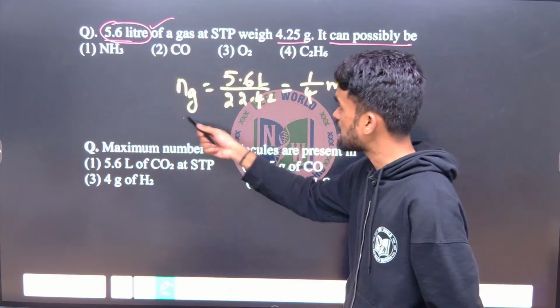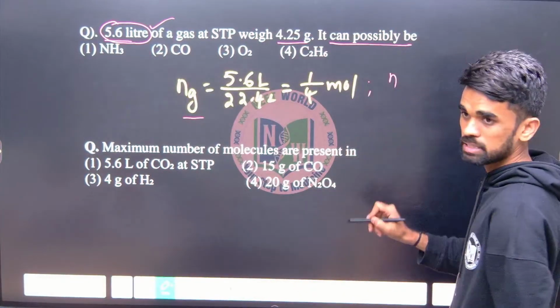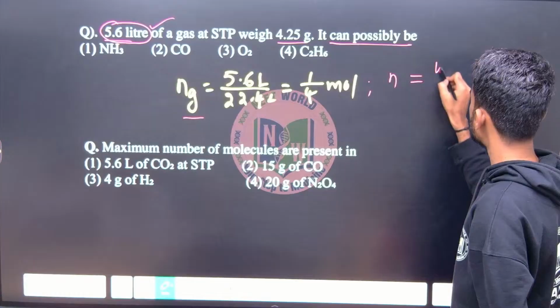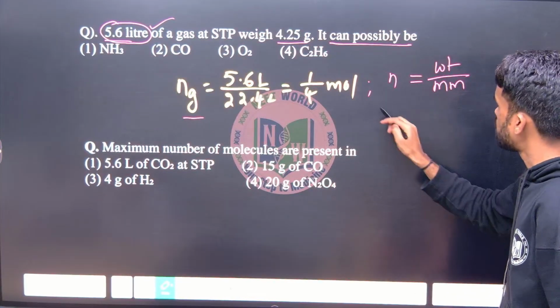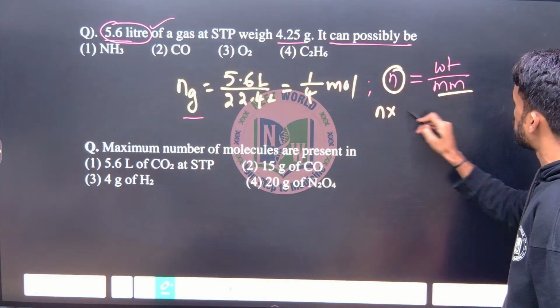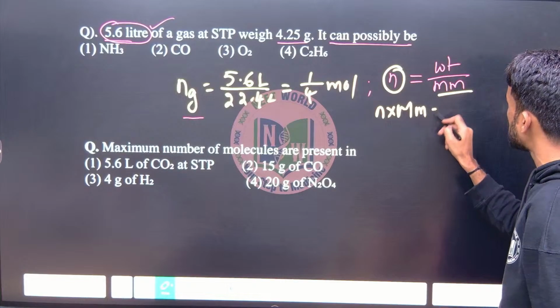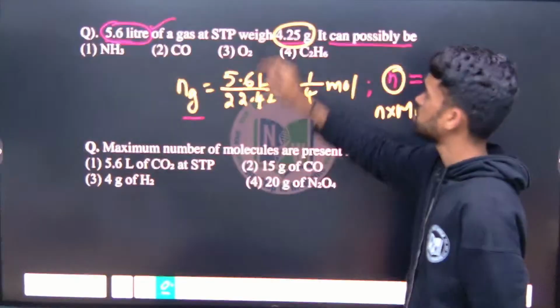We don't know which gas it is, that is what the question is asking. Now number of moles formula is what? Number of moles equals to given weight by molar mass. Okay, so now if I multiply number of moles into molar mass, that will be equals to what? Given weight. Now look at here, given weight is how much?